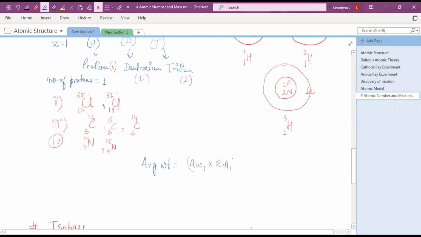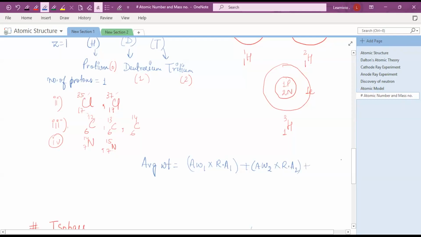Now, what is relative abundance? It means the percentage of occurrence in nature. Relative abundance is the naturally occurring percentage, right? Plus the atomic weight of the second isotope into its relative abundance, plus the third, and so on.